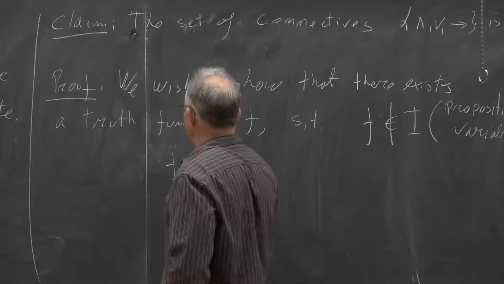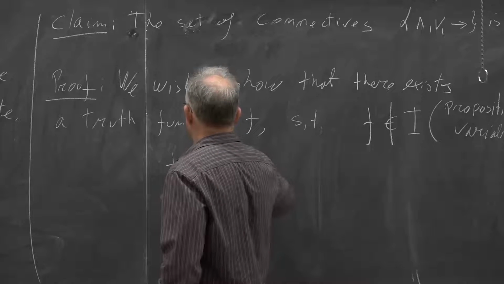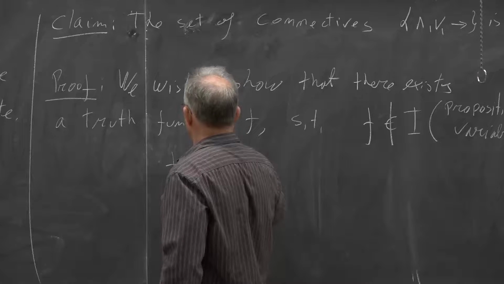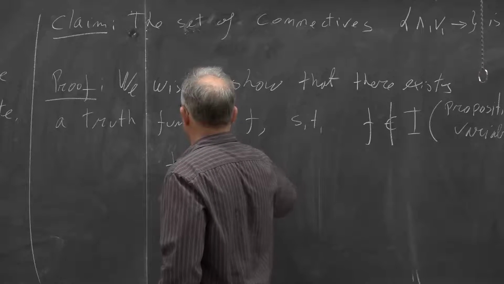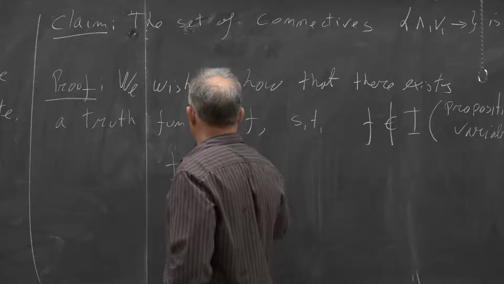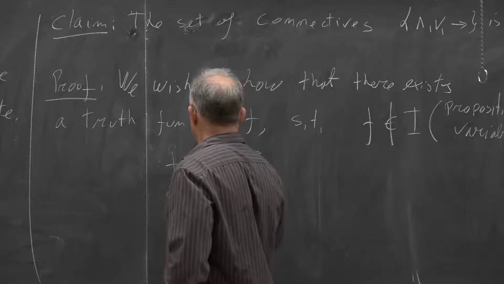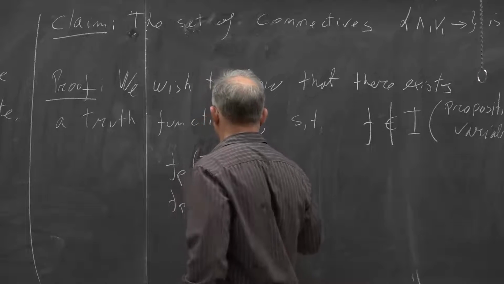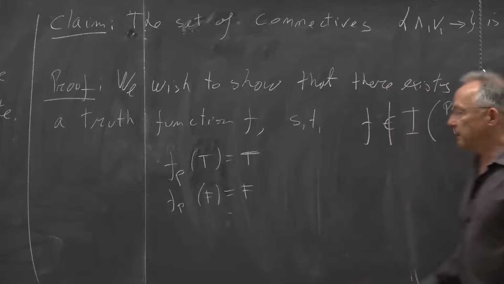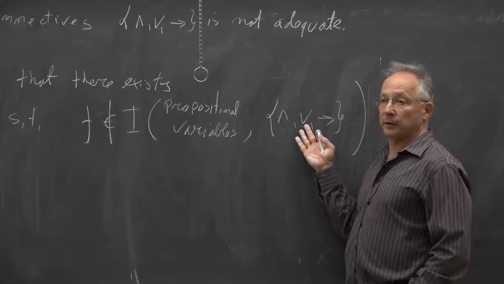So f of p, of a variable p or a variable q, of any variable, is just the identity. So f_p of true is true, and f_p of false is false. And now each of those is just a function, a truth table.